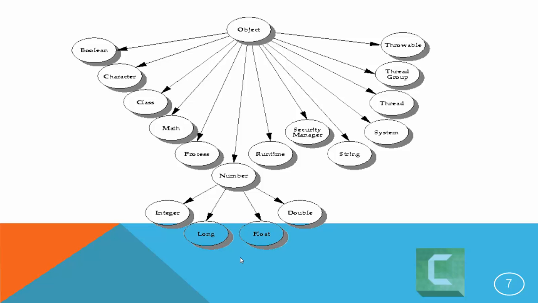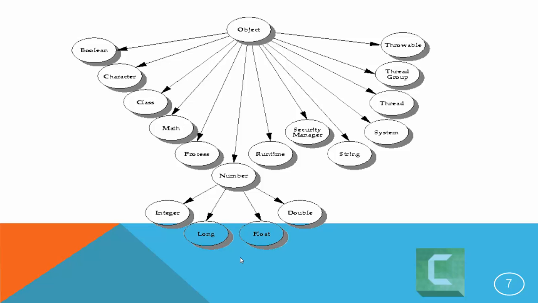So here you can see that we have already learned int and all those things: int, character, float, long, double, everything. Here you will see the Integer class, Long class, Float class, Double class, Boolean class, Character class again. These are classes, these are not primitive data types.